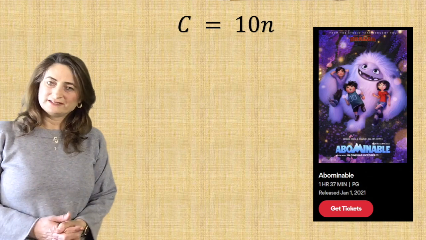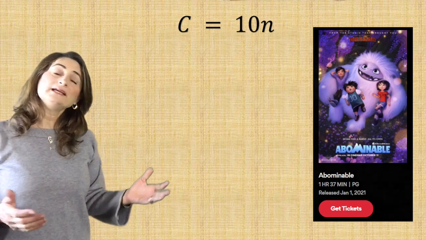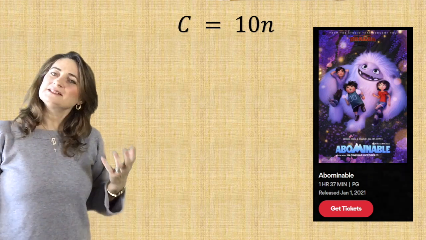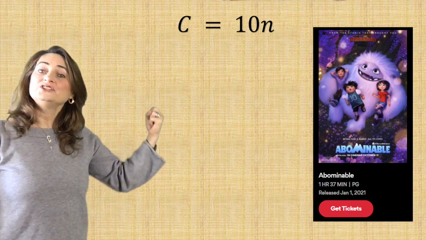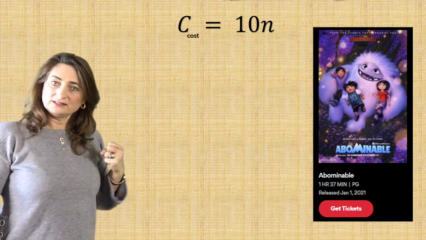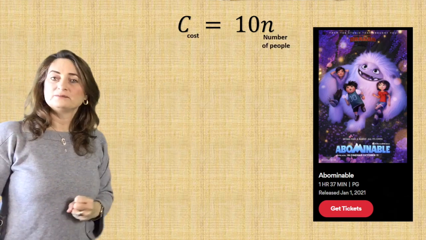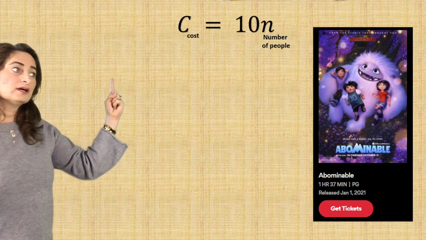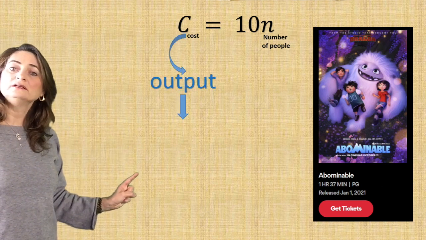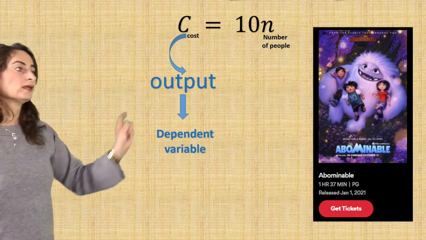Because we are discussing functions, let's take this equation, C equals 10n, and discuss each letter in that equation. C is the cost and n is the number of people. The cost is the output. The output depends on whatever the input is.